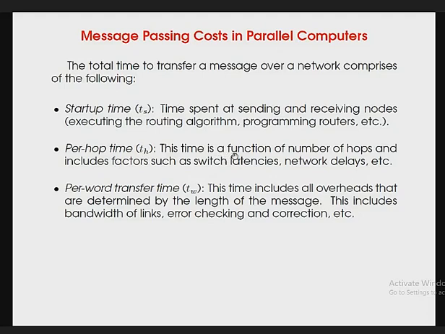This time is a function of the number of hops and includes factors such as the switch latency, network delay, etc. Okay, see, once you prepare the message, now you want to send the message to the destination. It may happen that in your network only the source and destination nodes are present, only these two nodes.